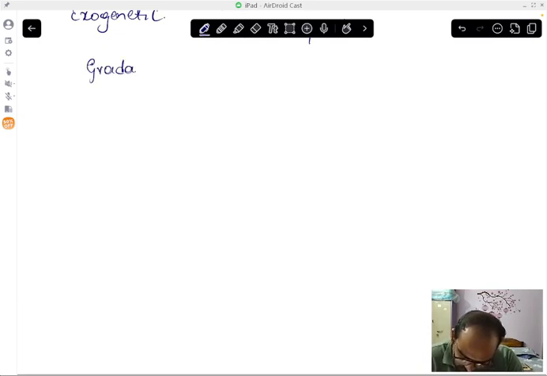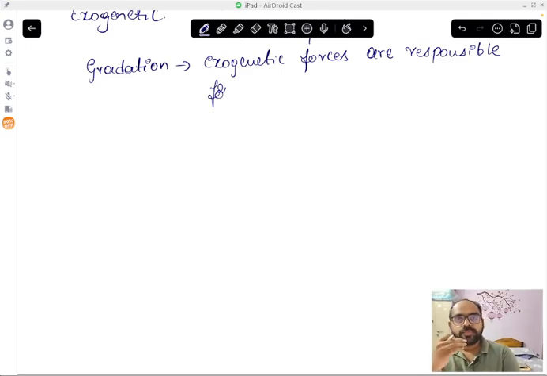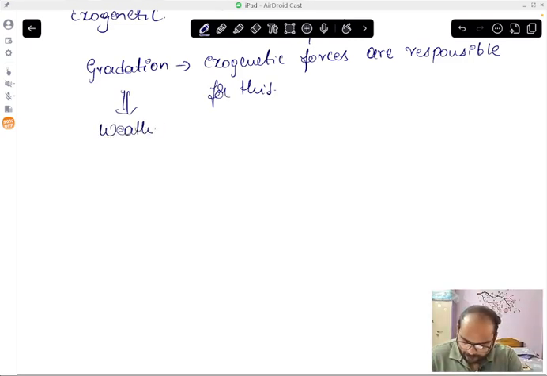Exogenetic forces are responsible for gradation. So what is gradation? Gradation means nothing but weathering or denuding.